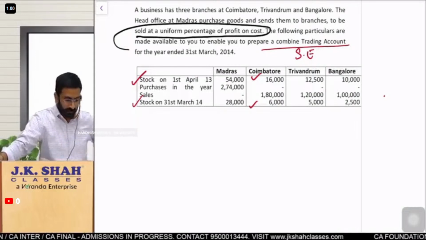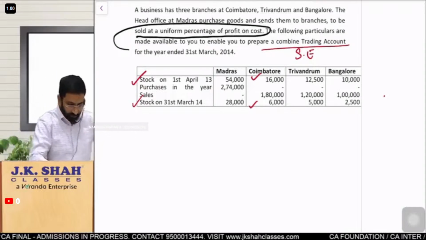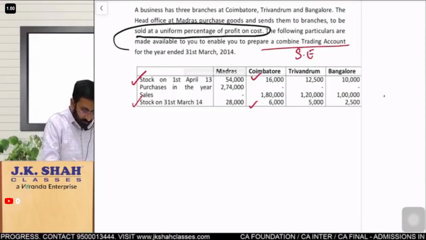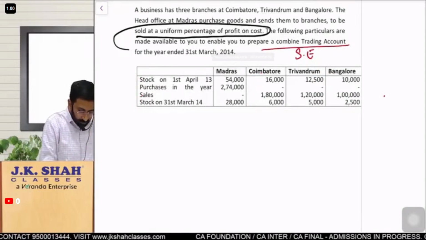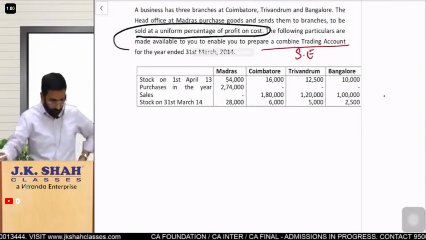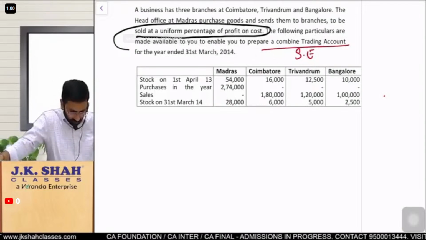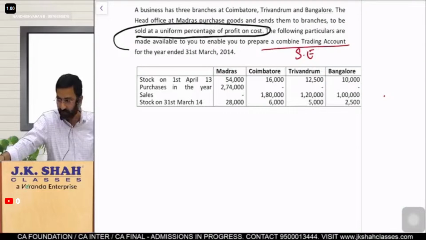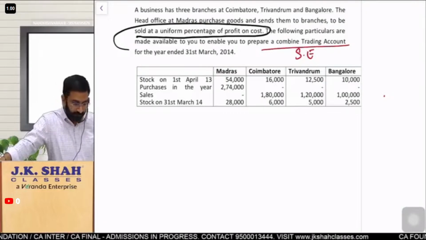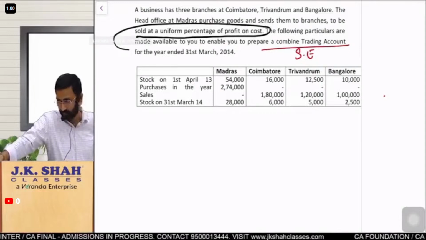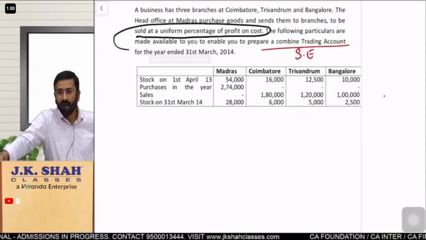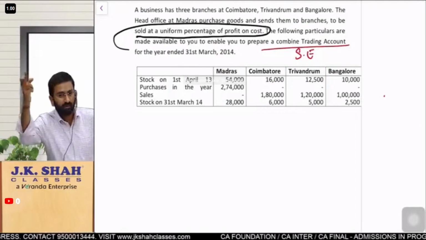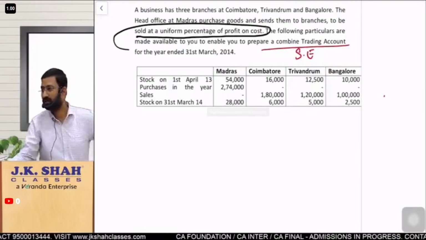Find out. GP ratio 20% on sales. Any other?